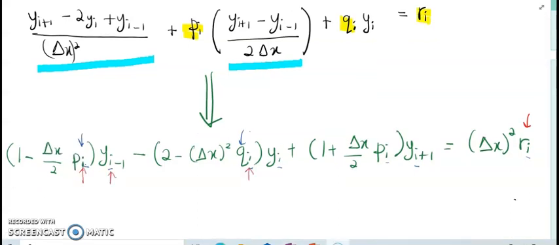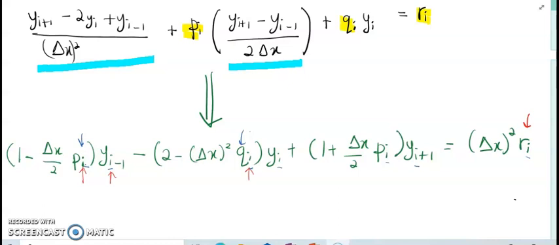By the way, this formula will be given in your final exam, so no need to memorize it. This formula is used to find the equation at each interior node, which is the equation of y1, y2, y3 up until yn minus 1.